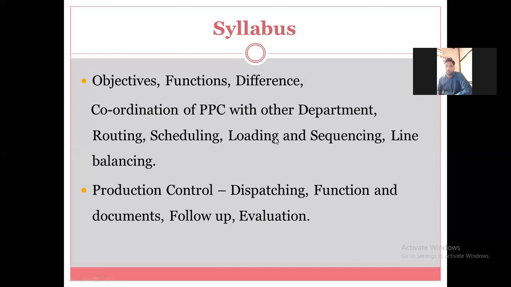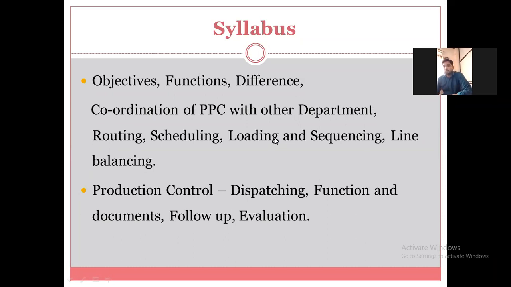What we are going to learn in this chapter number 4 is objectives, functions, then differences between production planning and production control, then coordination of PPC with other departments, then what is meant by routing, scheduling, loading, sequencing, and line balancing, and how to perform line balancing, which is also important.